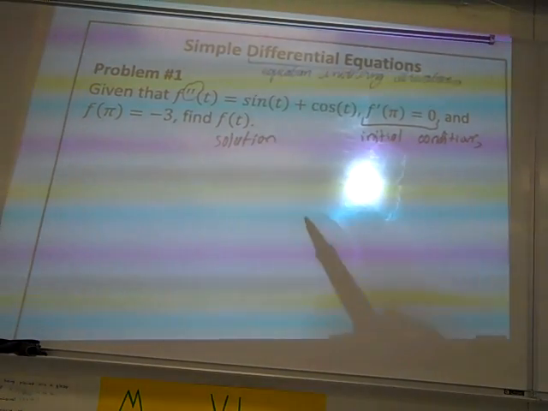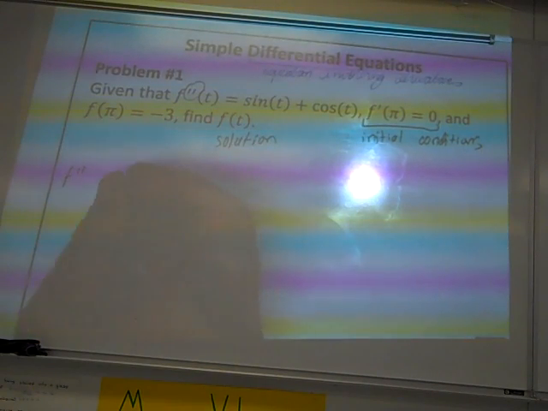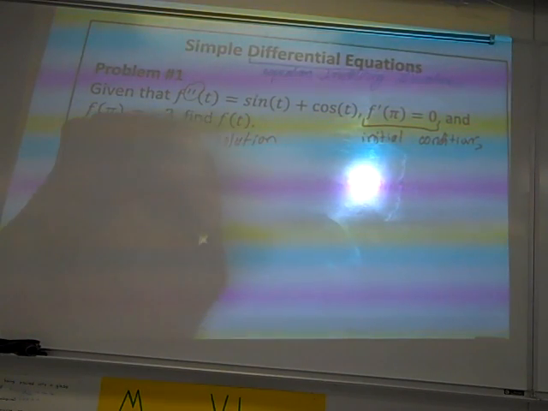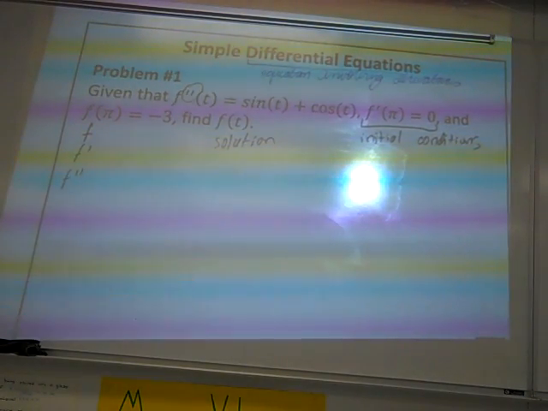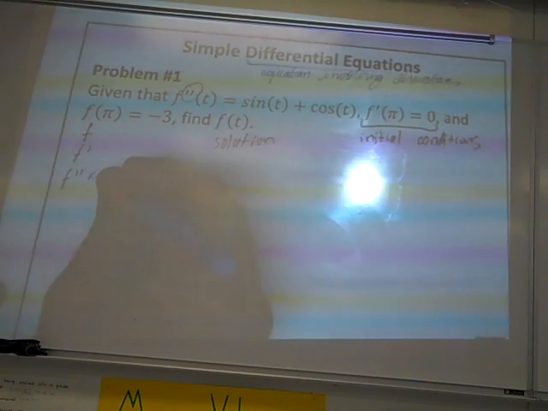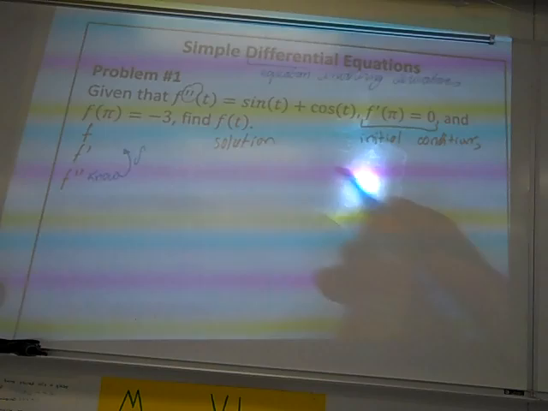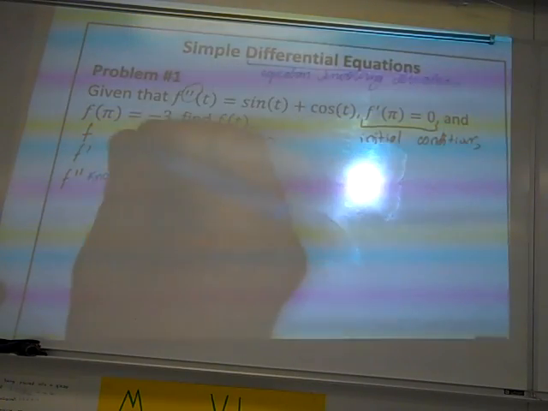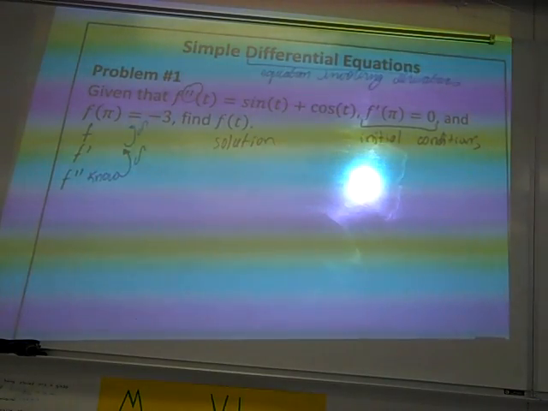So let's see, what do we know? We are given f double prime. I want to get to f, and in between f and f double prime we have the function f prime. If f double prime is the function that I'm given, I can move up to f prime by taking an integral, an antiderivative. I can then move from f prime up to f, again, by doing an integral.